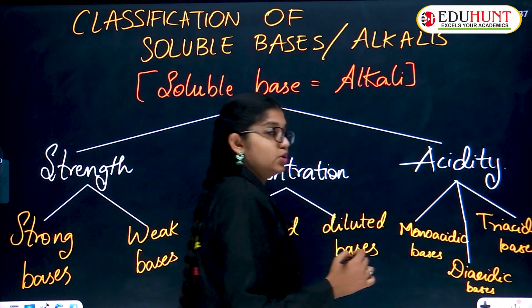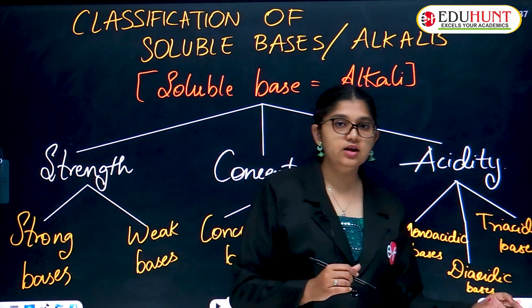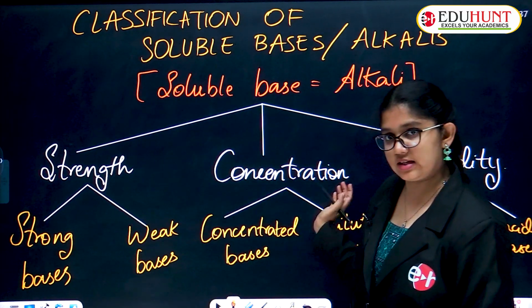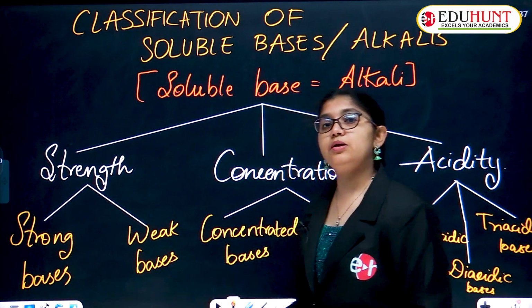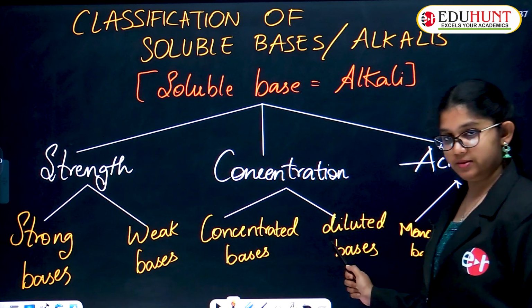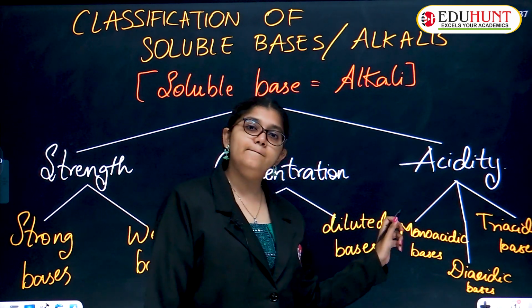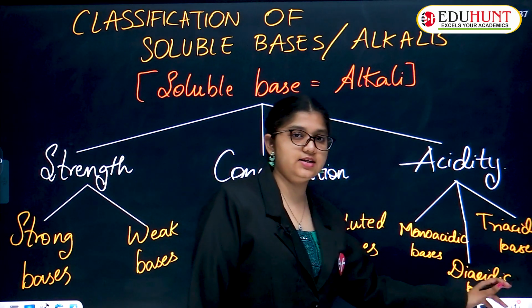Clear? So on the basis of strength, concentration and acidity, the bases are again classified. On the basis of strength, into strong bases and weak bases; on the basis of concentration, concentrated bases and diluted bases; and on the basis of acidity, monoacidic bases, diacidic bases and triacidic bases.